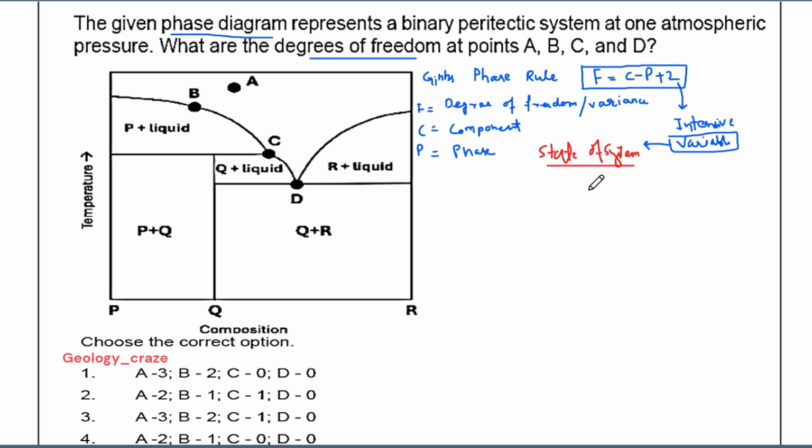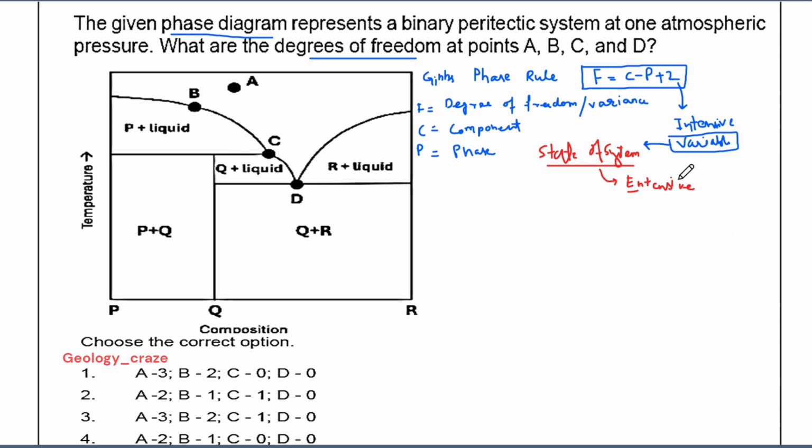Variable means state of system, and there are two types of state of system. One is intensive, and one is extensive. One starts with E and one starts with I.